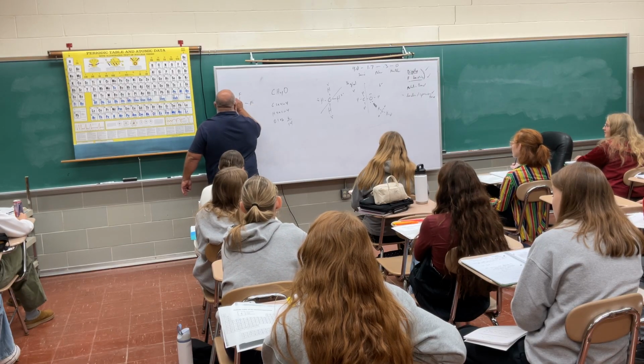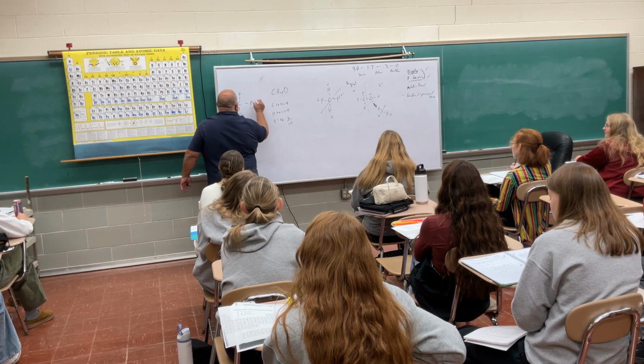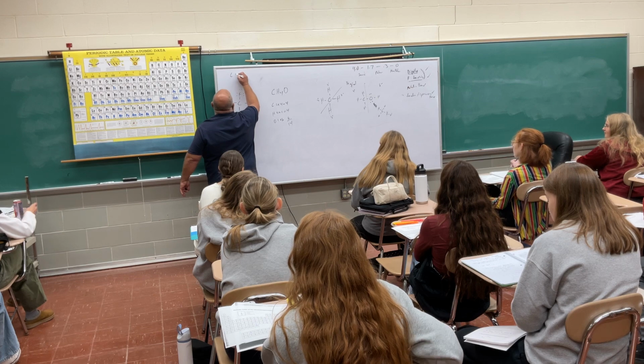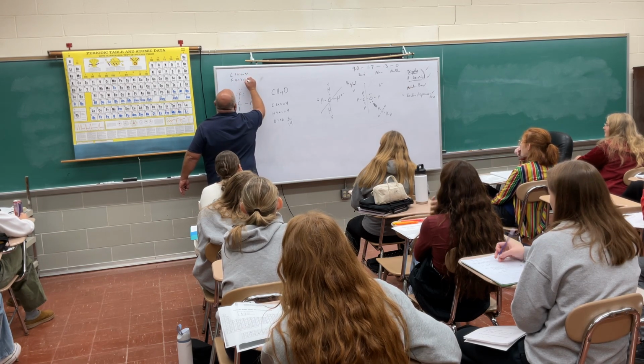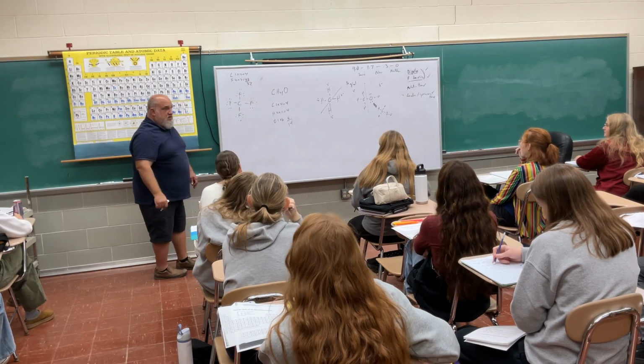Carbon tetrafluoride. Carbon, 1 times 4 is 4, fluorine, 4 times 7 is 28, a total of 32 electrons, there it is.